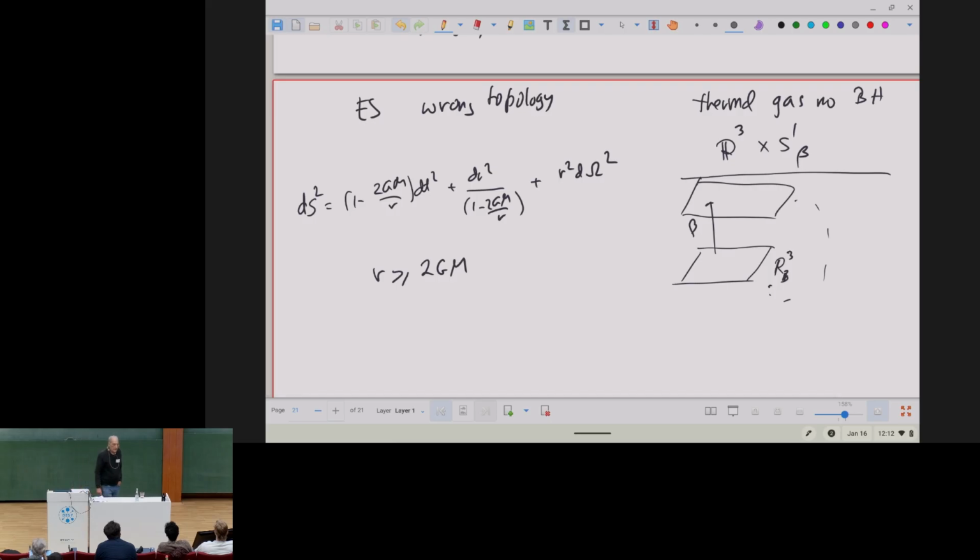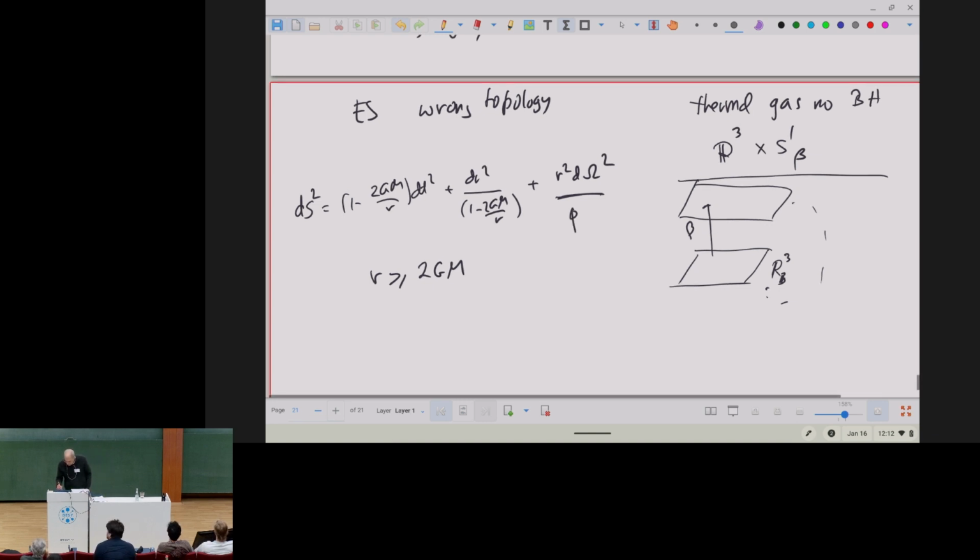When we decided it was a smooth geometry, we discussed the behavior at R equals 2GM, but we never let R become less than 2GM. So R is at least 2GM throughout this spacetime. That means we wouldn't change the topology if here, we just replaced R squared d omega squared by 2GM squared times d omega squared, or any other constant times d omega squared. That wouldn't change the topology.